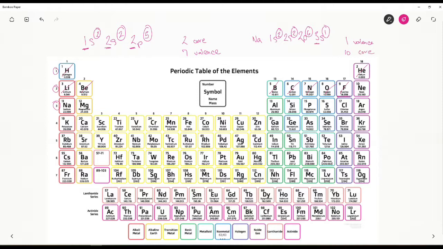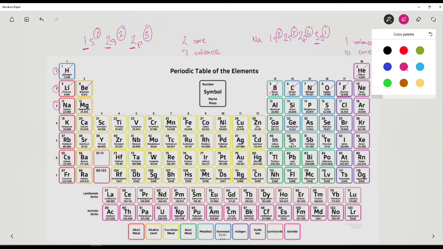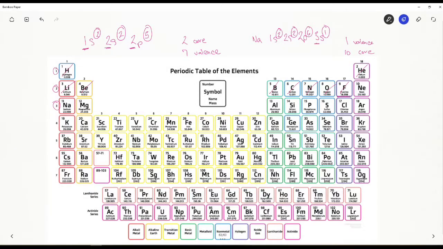But guess what? The periodic table actually helps you with these valence electrons. I'm going to switch to blue. Now I want you to notice these numbers here at the top of the periodic table. Again, your numbers may be a little bit different. Sometimes over here in the p orbital, this is not 13, but 3.